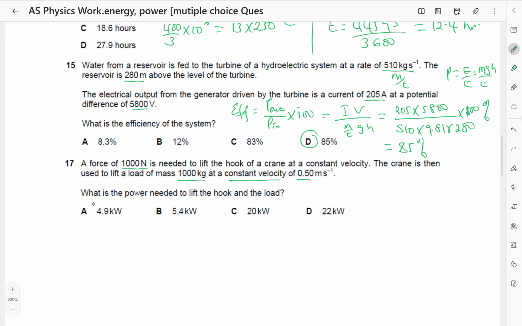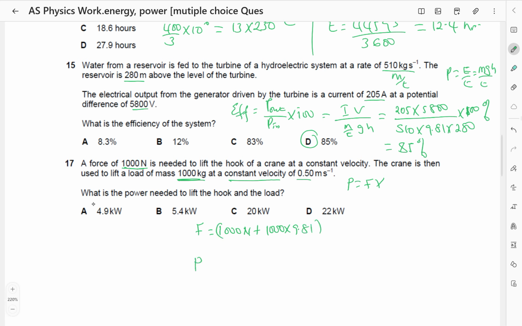So since we know that power is equal to force times velocity, all we need is the total force required here, because this is the force needed to lift the hook alone, but there is also force needed to overcome the weight. So the total force F is going to be equal to 1,000 newtons for the hook plus the weight of the load, which is going to be mg. So this is 1,000 times g, which is 9.81. So this is giving us the total force.